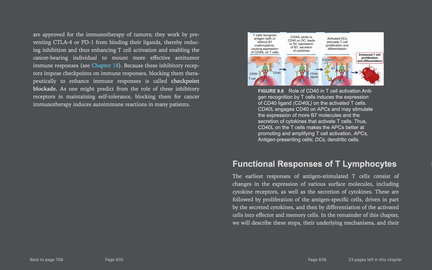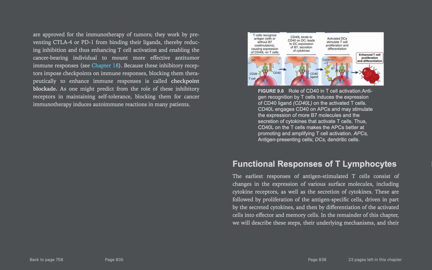They work by preventing CTLA4 and PD1 from binding their ligands, thereby reducing inhibition and thus enhancing T cell activation and enabling the cancer-bearing individual to mount a more effective anti-tumor immune response. See Chapter 18.